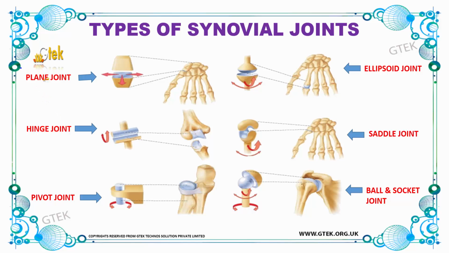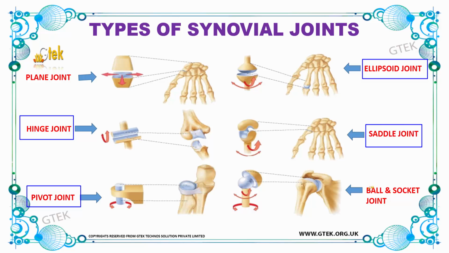Which includes your plane joint, followed by your hinge joint, your pivot joint, ellipsoid joint, saddle joint, ball and socket joint.